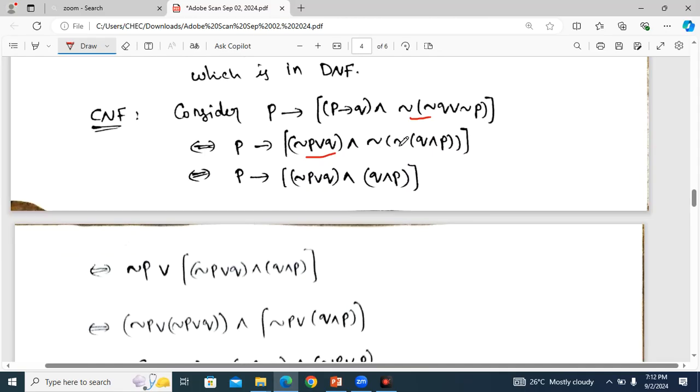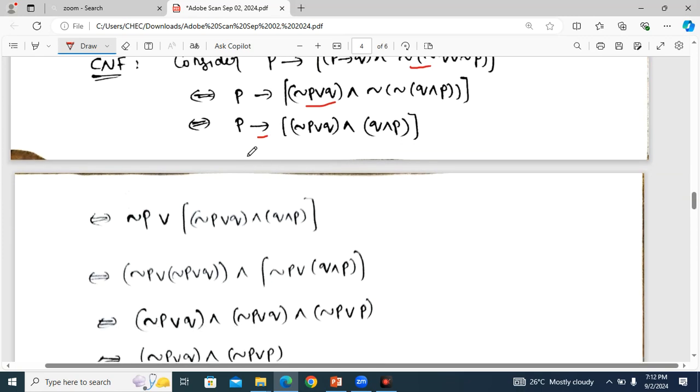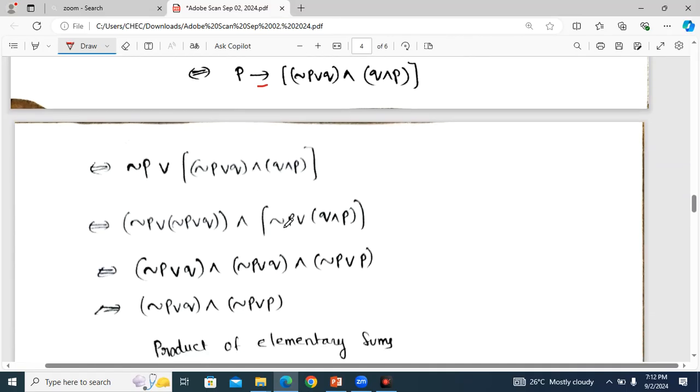Negation of negation is eliminated by the double negation law, and here also we apply the equivalent formula negation P or Q. So negation P is an elementary sum, negation P or Q is an elementary sum, but Q and P is not an elementary sum.